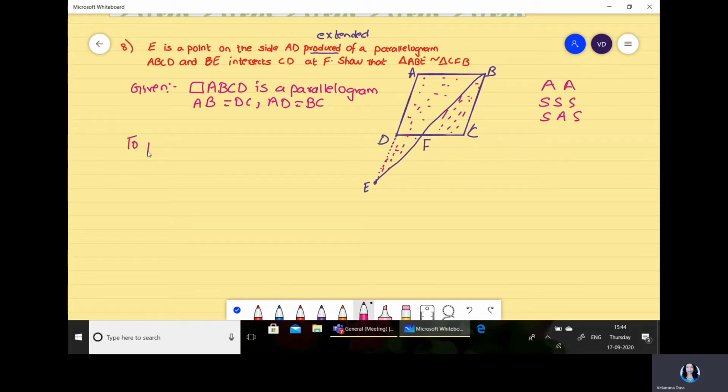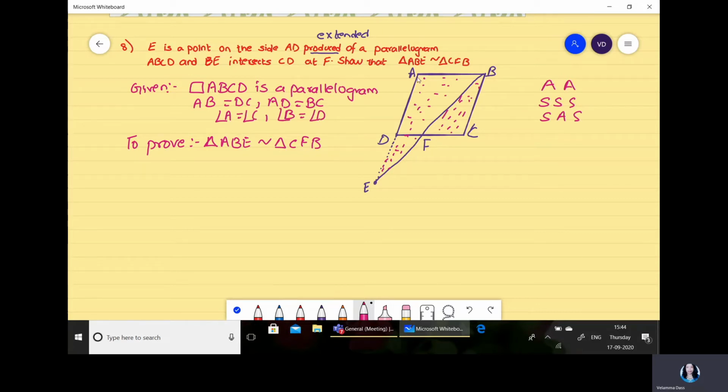Now we are supposed to prove that triangle ABE is similar to triangle CFB. When we see ABE and CFB, can I use any property of the parallelogram? Here we have angle A equal to angle C and angle B equal to angle D. This is all given.